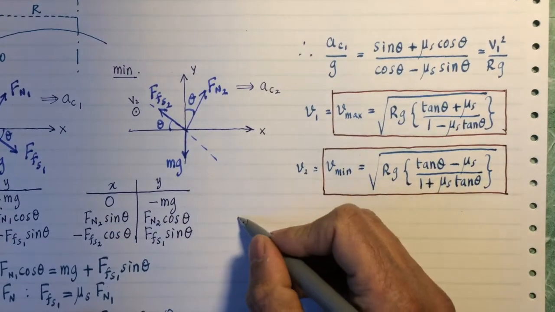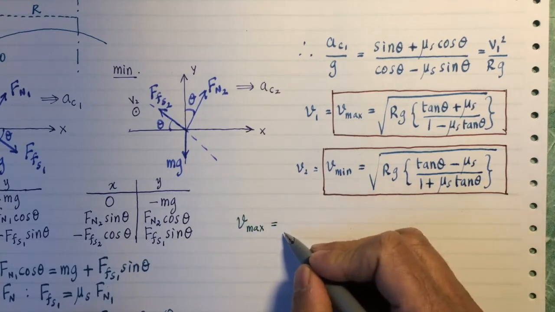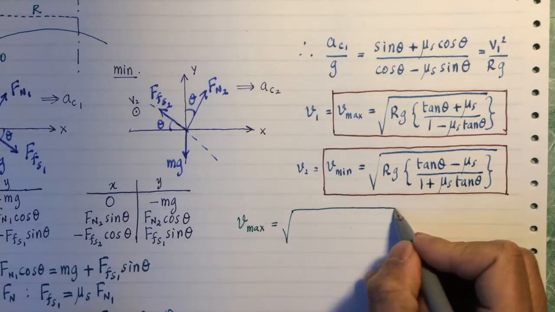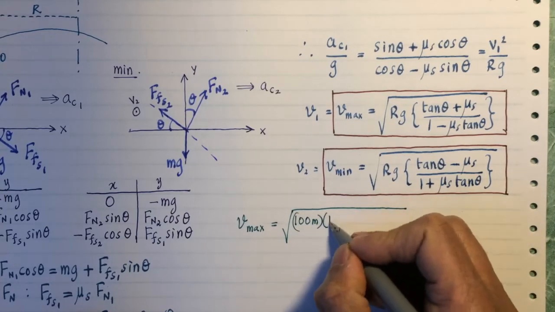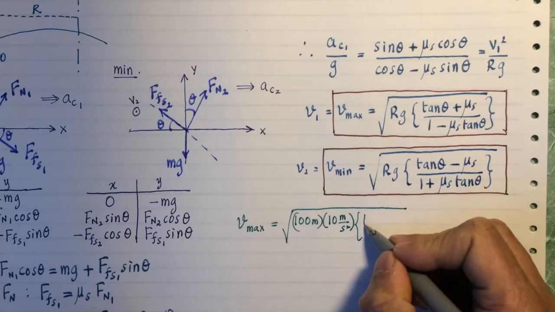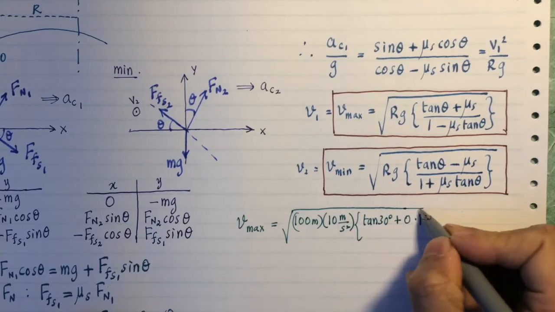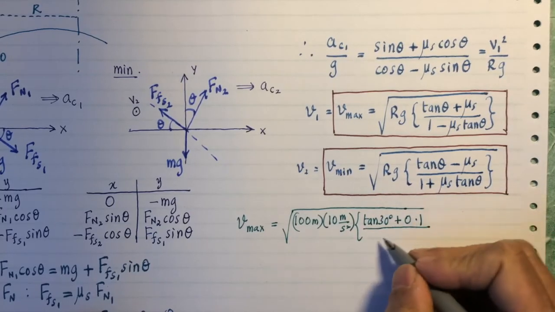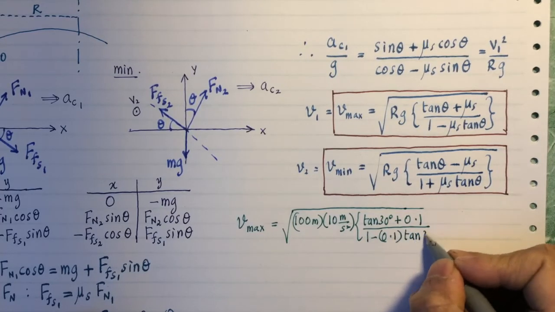So I can write down the v max, I'll just show the number stuffing here: 100 meters times g, which I'll take to be 10 meters per second squared, times tan of 30 degrees plus 0.1 divided by 1 minus 0.1 tan of 30 degrees.